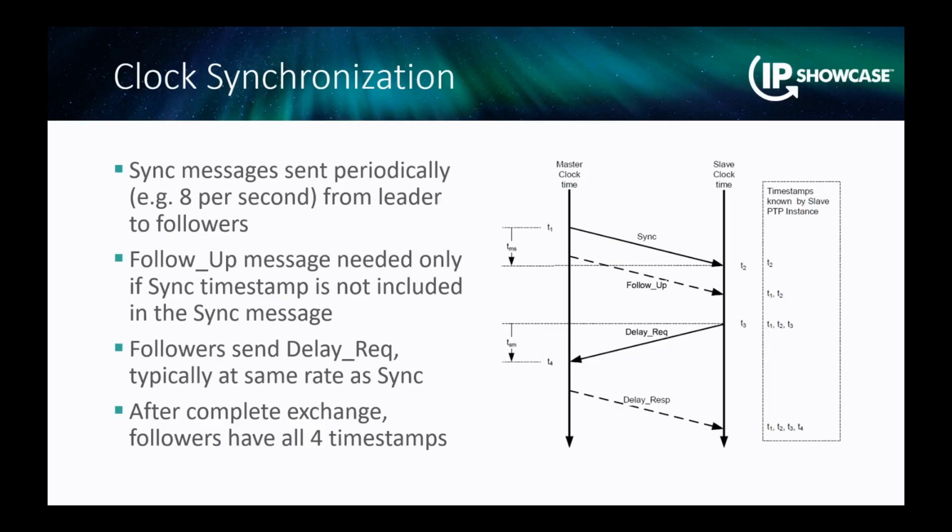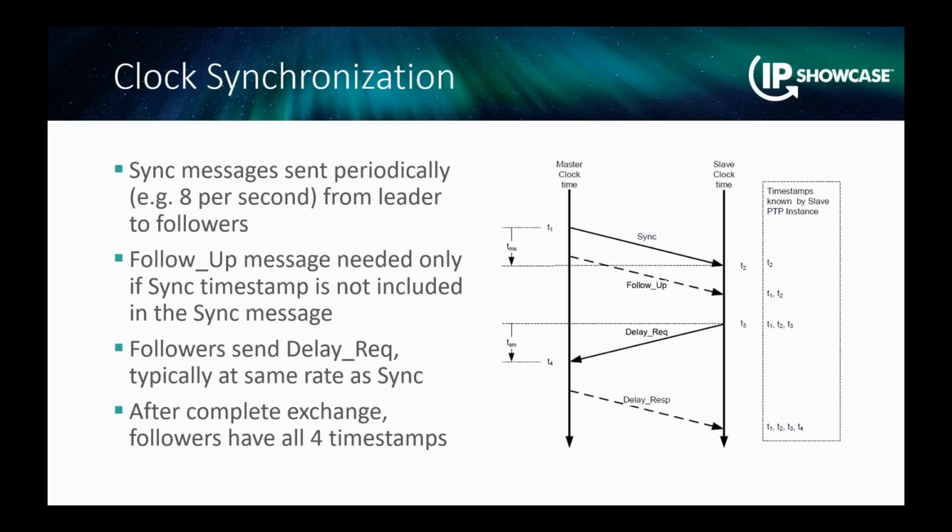That sync message could contain the timestamp of when it was transmitted, and we call that in the diagram here T1. I say could because it requires hardware support. There are chips that support the physical layer, the MAC layer for Ethernet, that can do hardware-based timestamping, and they're able to insert the timestamp in the packet as it's being transmitted.